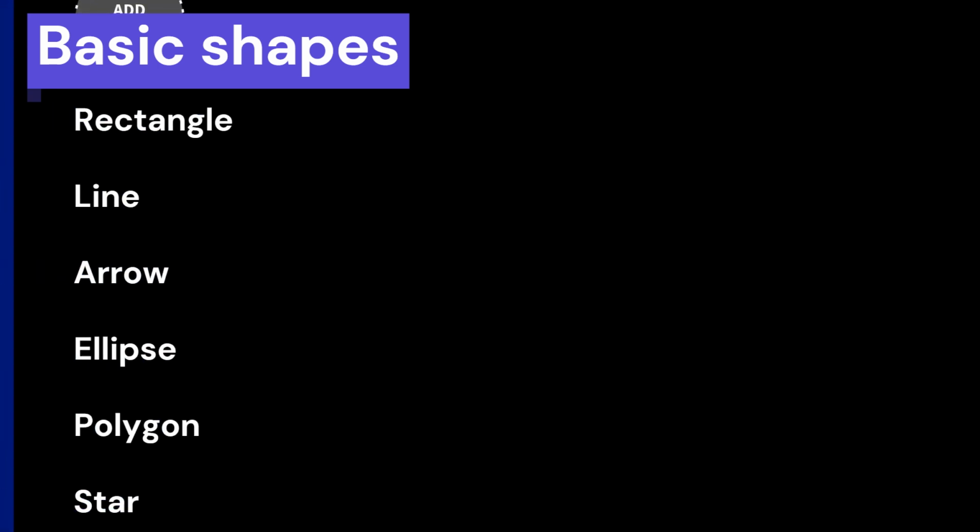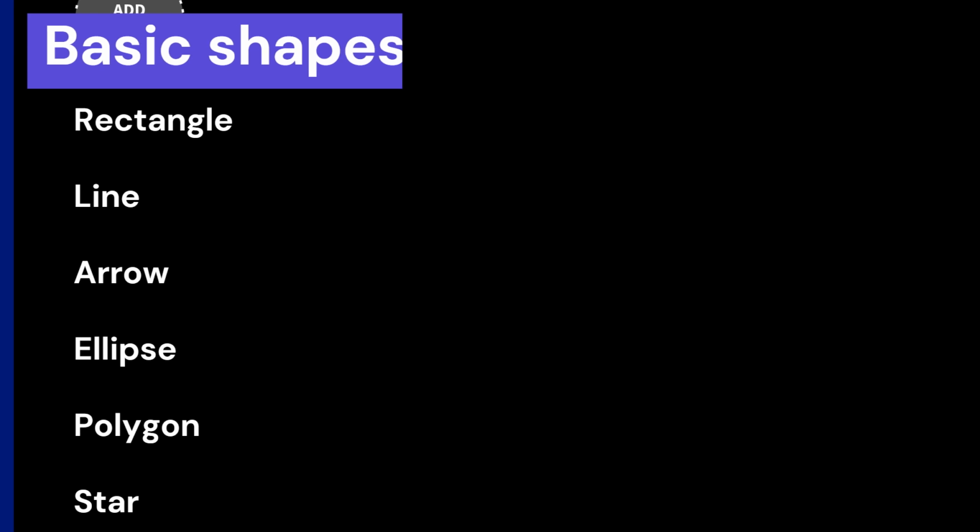So let's talk about basic shapes and boolean. With the UI basic shapes and boolean, you can create a fine design and a beautiful interface. So let's look at the basic shapes. We have the rectangle, the line, arrow, ellipse, polygon, and star. With those shapes, you can create a good design using any of the design tools.